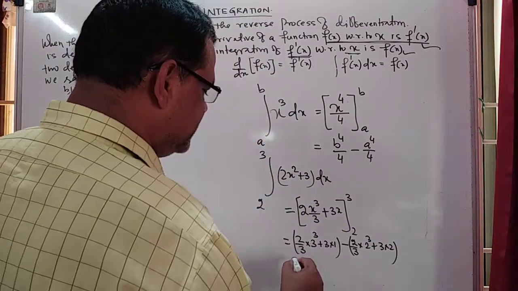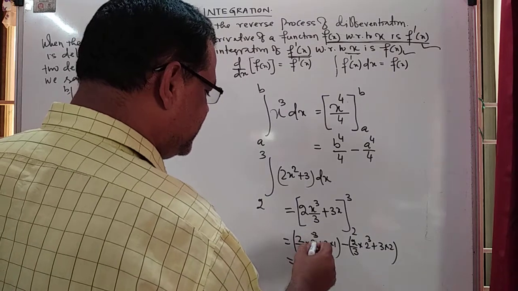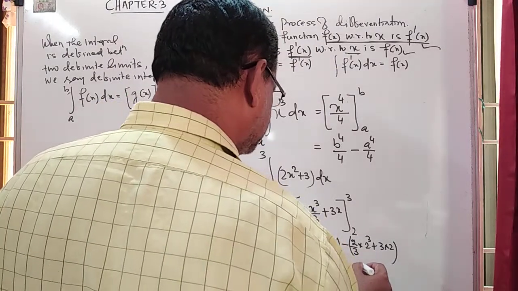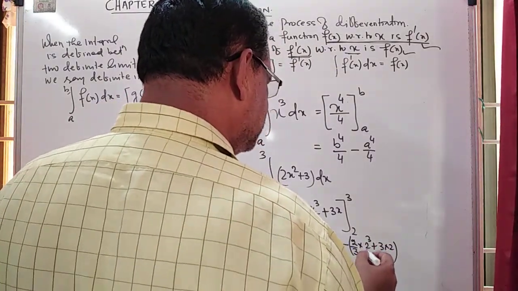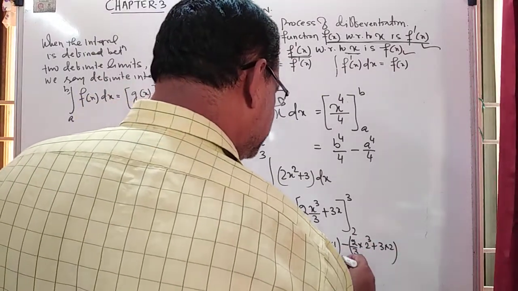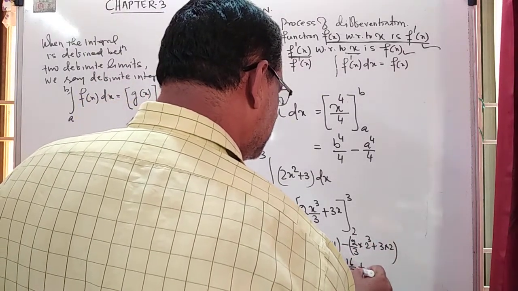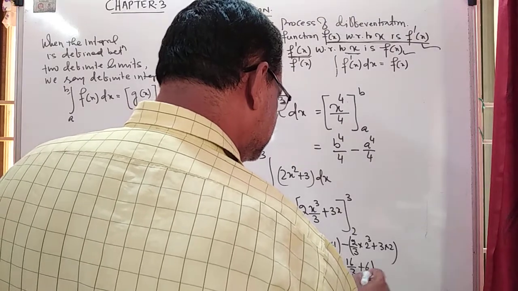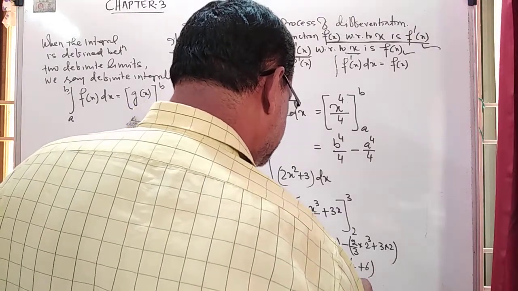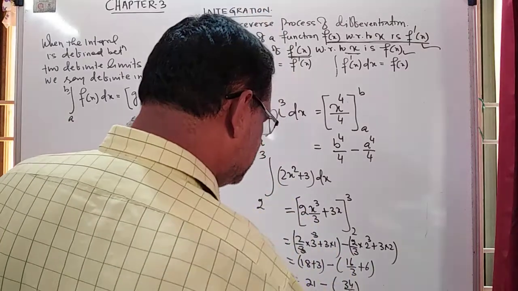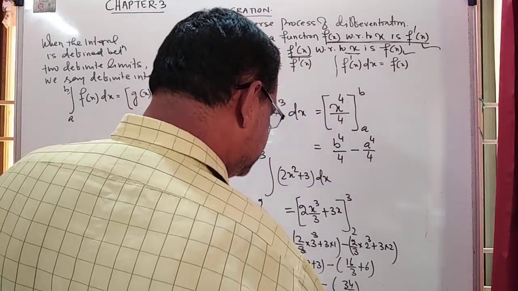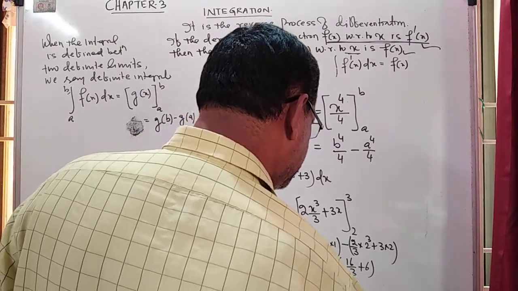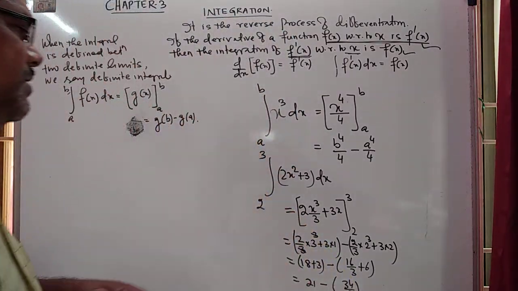If you calculate it, you find 18 plus 9, minus 16 by 3 plus 6, that is equal to 27 minus 34 by 3, and you can get 81 minus 34 by 3. In this manner you can calculate the definite integration.